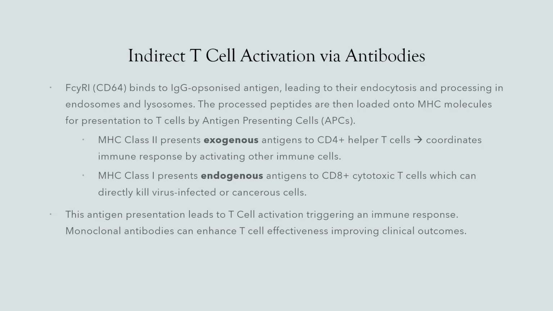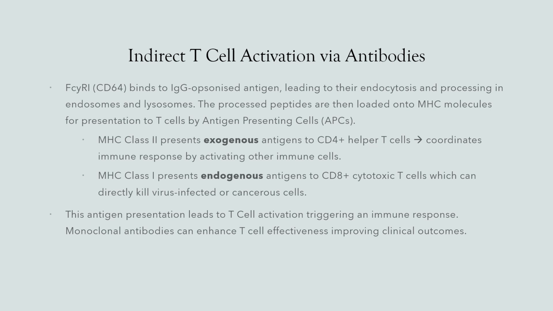I just want to talk about how I moved from antibodies towards T cells. I was looking at the binding of the Fc, the constant region of the antibody, to CD64, the Fc gamma receptor 1.